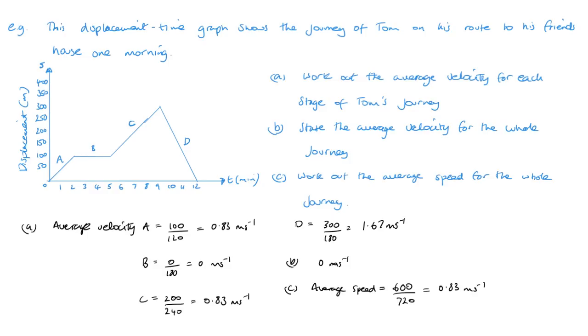And use that to find the gradient. But anyway, that is all we've got for this example. It's nice and straightforward. I'll give you 1 or 2 questions just to have a go at, and then we'll move on, finish the video, and hopefully you guys will jump into the next video.